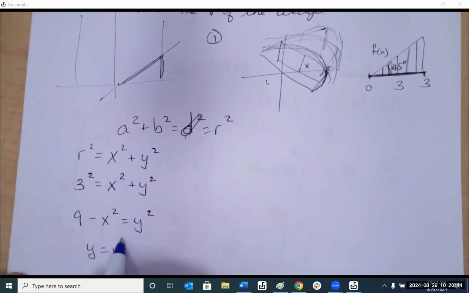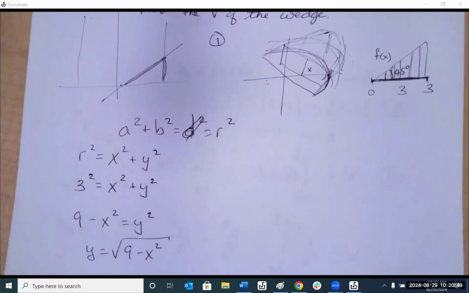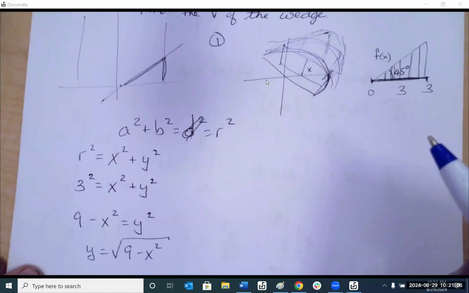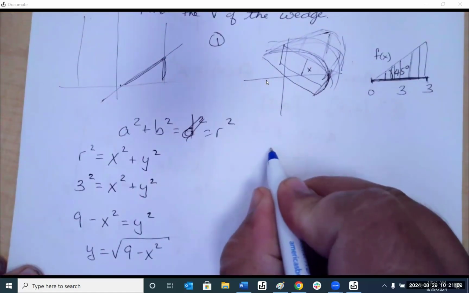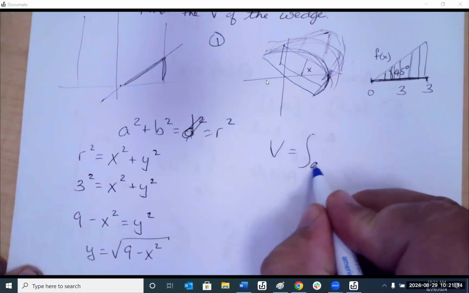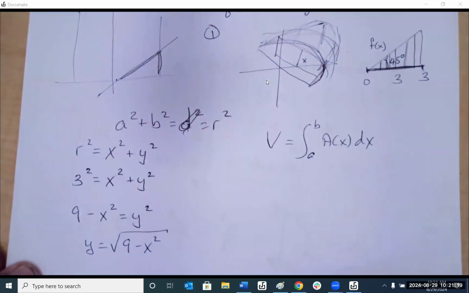So our function is the square root of 9 minus x squared. So let's see what this looks like. The volume is going to equal the integral from a to b of A(x) dx.